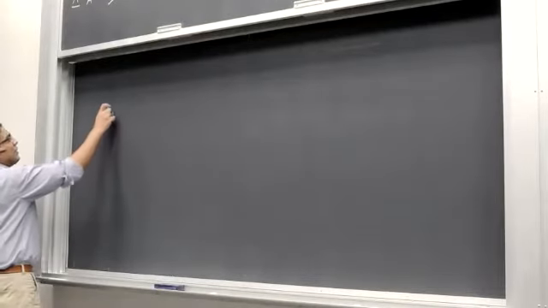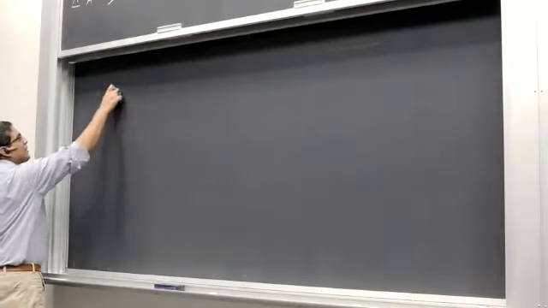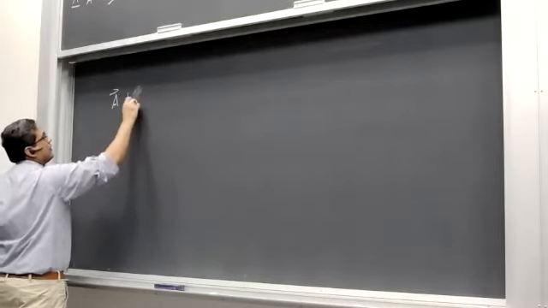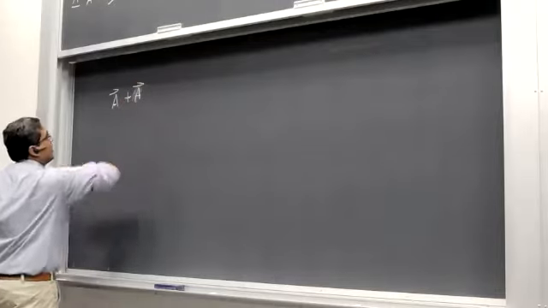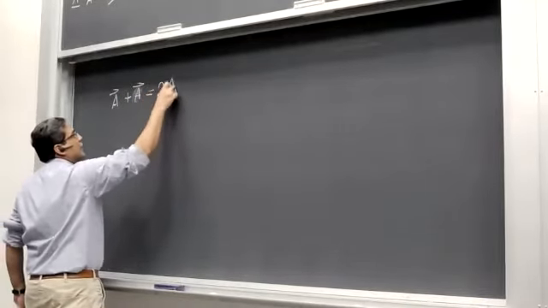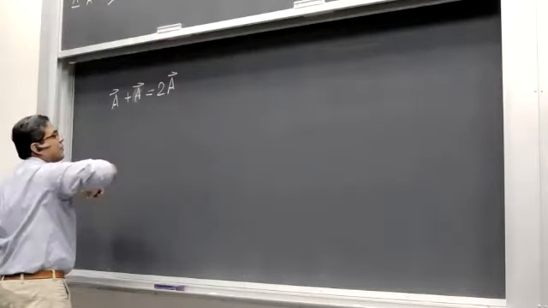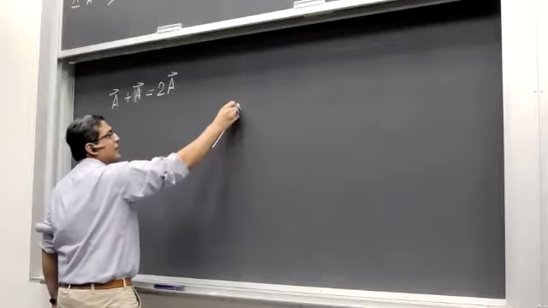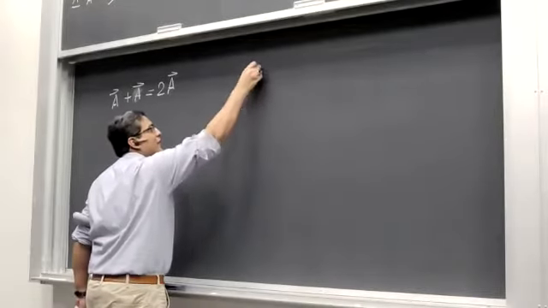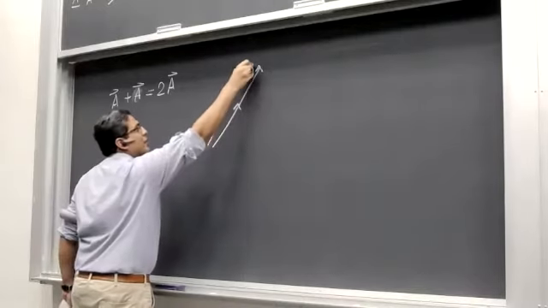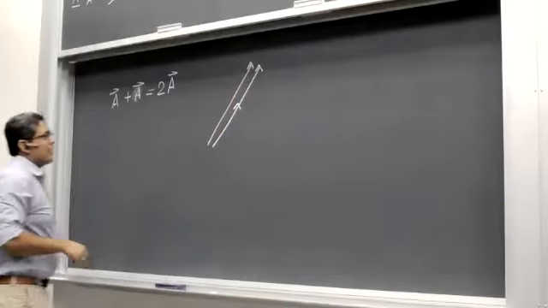So for example, if I add a vector to itself, I get simply twice that vector, because a vector A added to itself is just another vector pointing in the same direction, but of twice the magnitude.